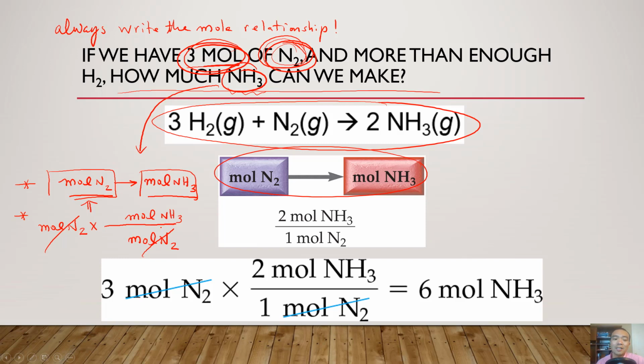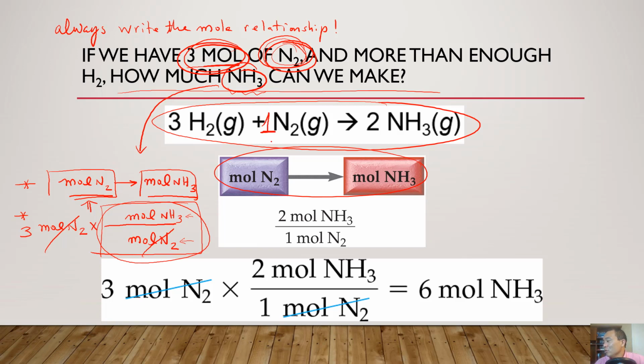Okay, now we can put in the real numbers. We actually have 3 moles of nitrogen, and then what's the relationship between the ammonia and the nitrogen? For this, you will have to look at the mole relationship from the balanced chemical reaction. So we have 1 mole of nitrogen.